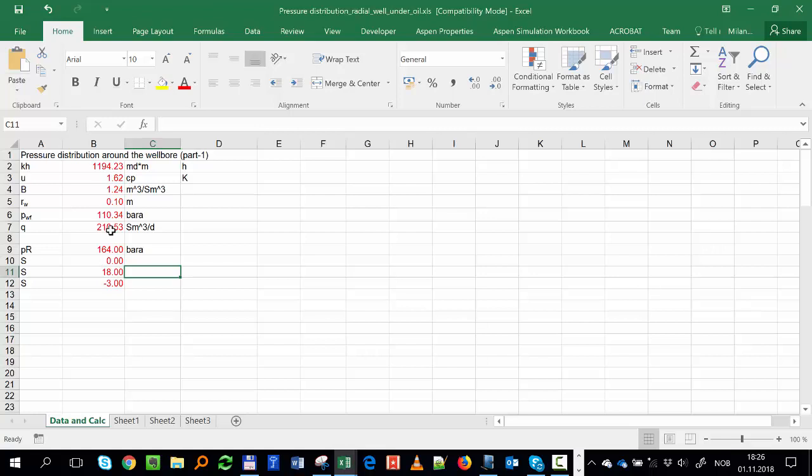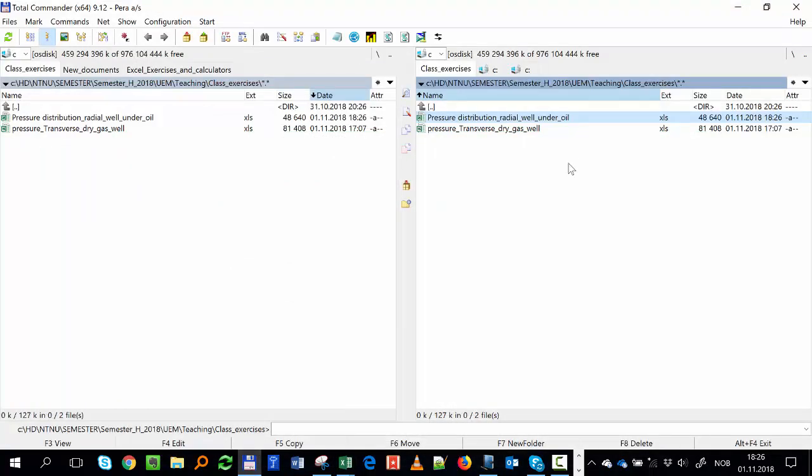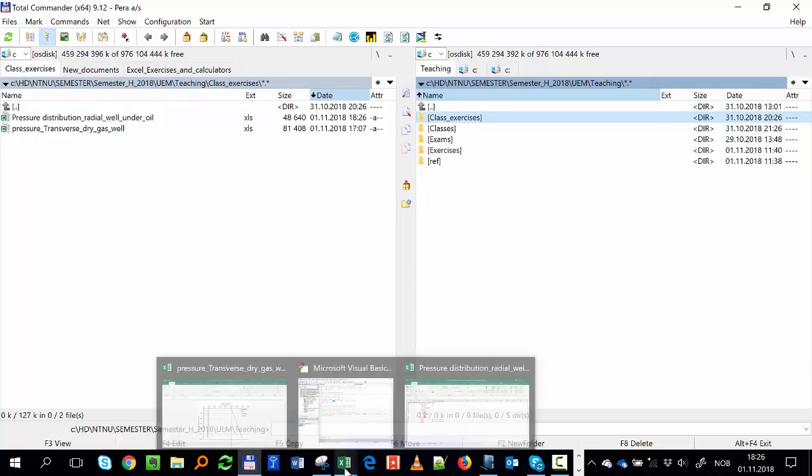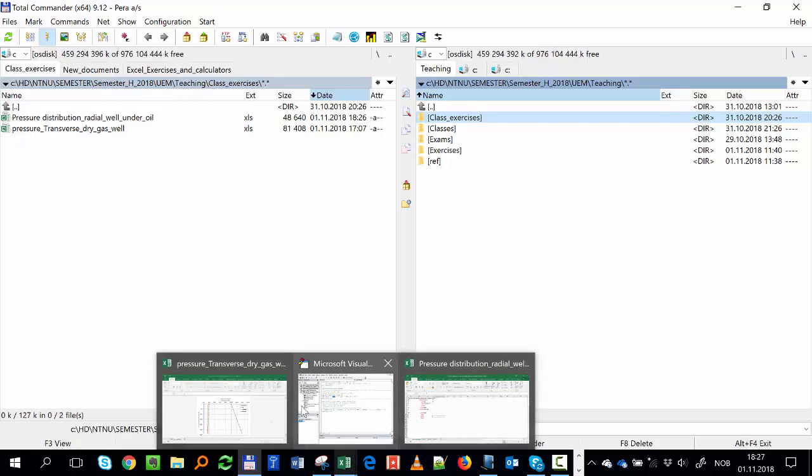And I'm going to plot the pressure. So let's say here a radius, okay? Radius, let's create here. It's called pressure distribution radial well under saturated oil. That's supposed to be that. And that you find on my website under class exercises. So please download it and we work with it.